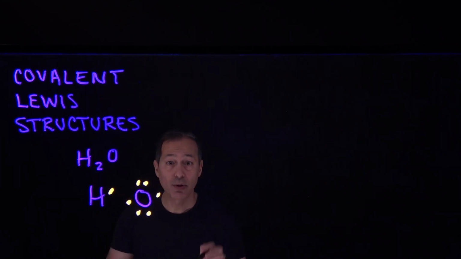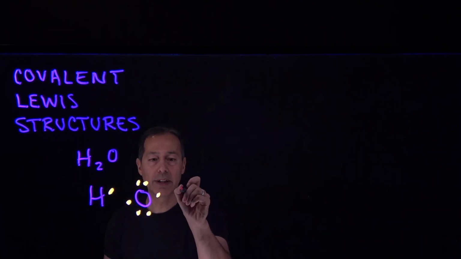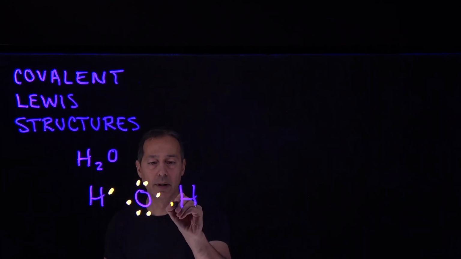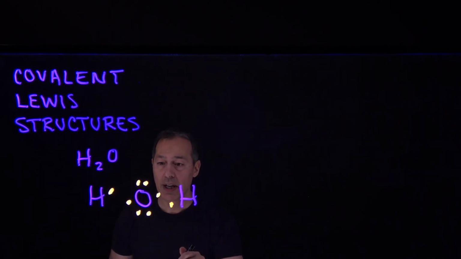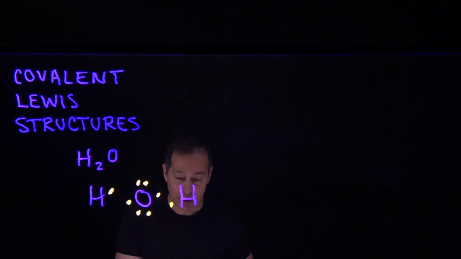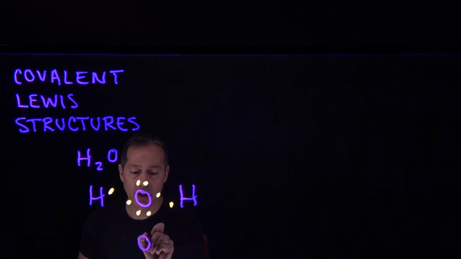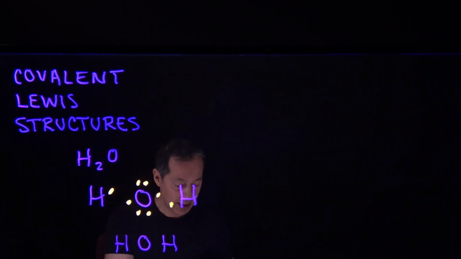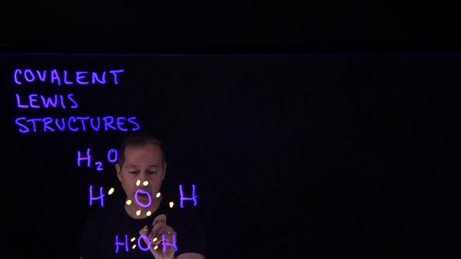And if we were to add just one more hydrogen over here, like this, if this hydrogen and this hydrogen were to come together with the oxygen, then all together we might fill that octet for the oxygen atom. And so let's try putting all of this together here. We'll have an oxygen like this, a hydrogen, and a hydrogen like that. And then put in all of our electrons like that.